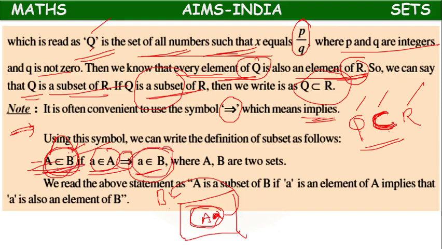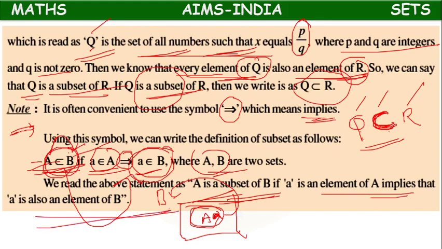Because capital A is a subset of capital B. Because of that condition, we can come to this conclusion. Here A and B are two sets. A is a subset of B means every element of A will also be an element of B.